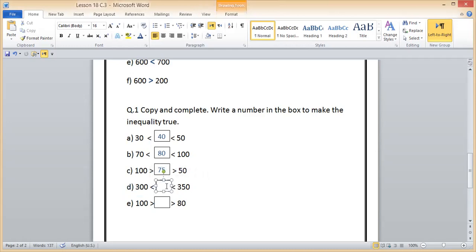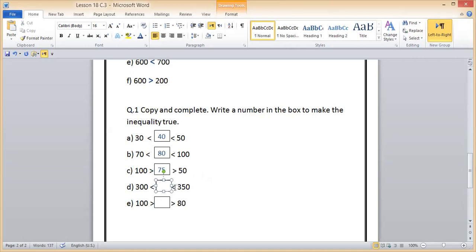What should I write here? The number which comes between 300 and 350. Any number you can tell me. 340. Yeah, you can write 340.